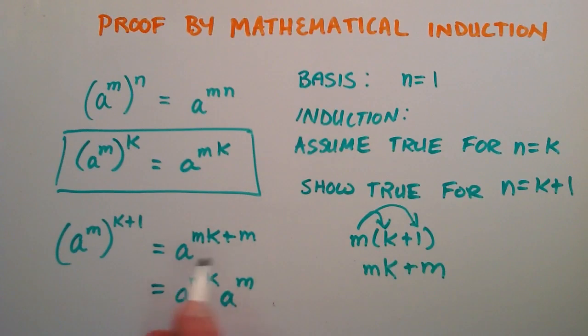This is just a property of exponents: the base raised to the first term times the base raised to the second term. So we can change that by using properties of exponents.